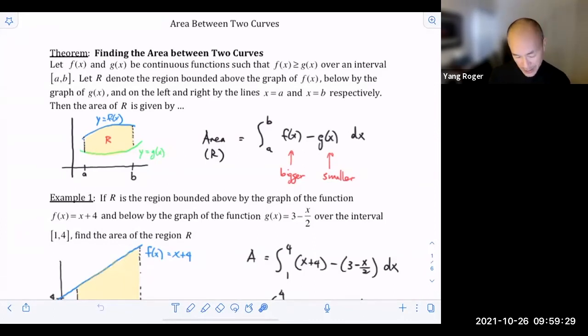But when we're talking about the area between two curves, the height of the rectangle doesn't go all the way down to the x-axis. The height is the length between your blue curve F and your green curve G here. So whatever this distance is, that's going to be the height of your rectangle. So all we're doing is changing how we calculate the height of the rectangle.